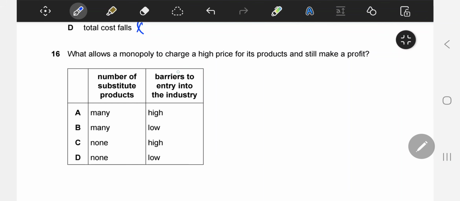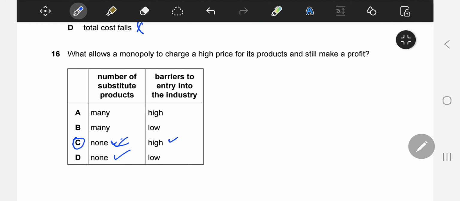What allows a monopoly to charge a high price for its product and still make profit? Okay, so if it's a monopoly, substitute products may not exist. So this one and that one, that's why it's a monopoly, it's a single seller. Barriers to entry will be high. So this one, it's quite difficult for other businesses to join this business.